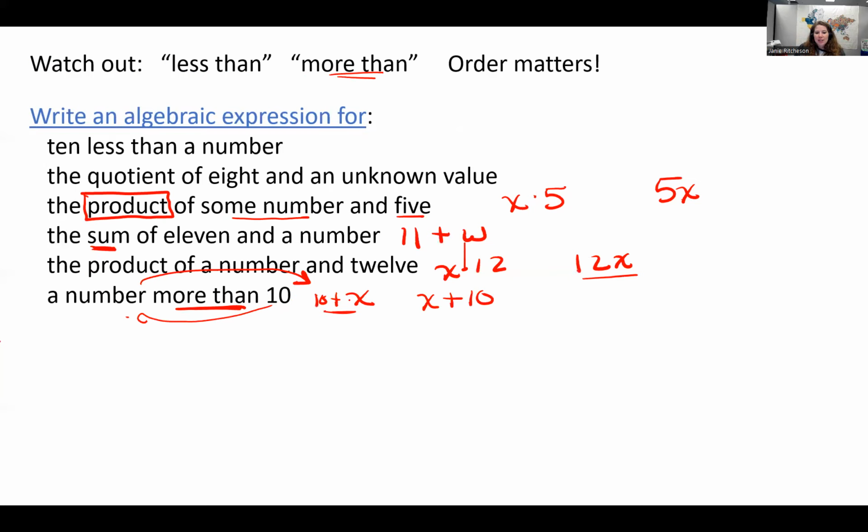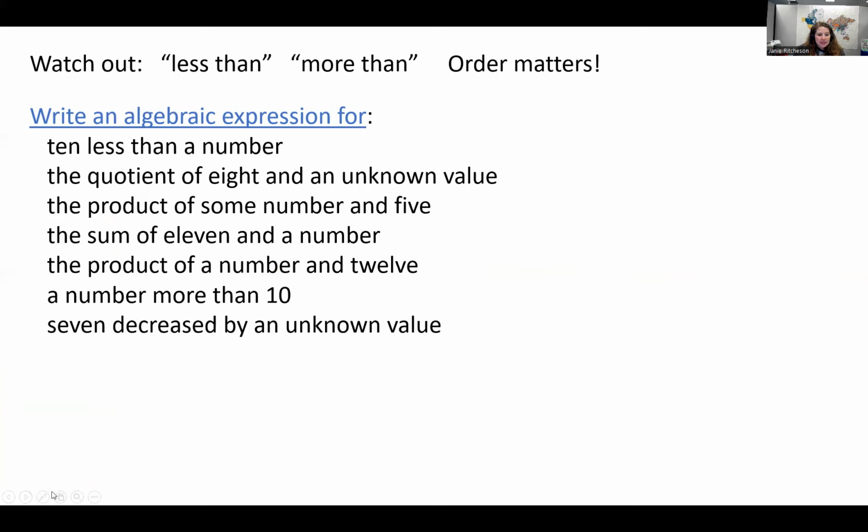For example, if that x was a 2, 10 plus 2 is the same as 2 plus 10. All right, 7 decreased by a number. This is subtraction, so you must write it exactly like it's written here. 7 comes first, minus an unknown number. There's your variable.